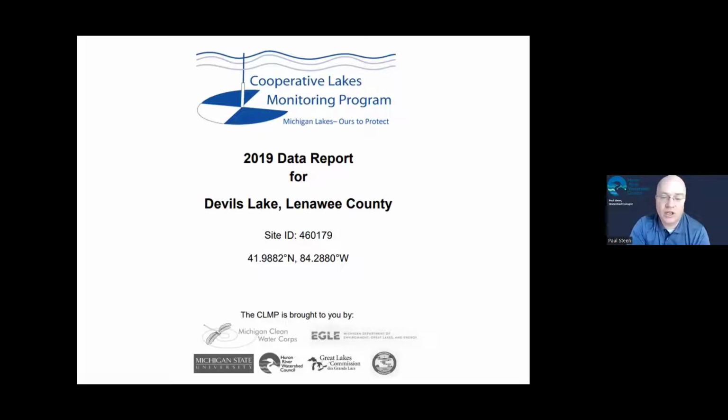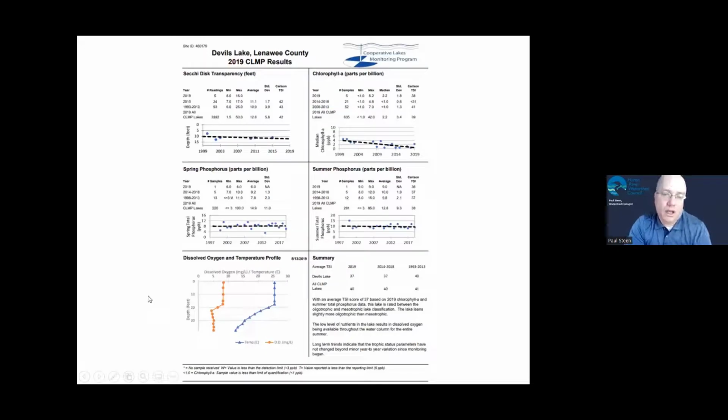So when everything's ready, often in March, we will send you a report like this. This will be the 3rd page of your report, and this is kind of your basic overall summary of what's going on in your lake. You'll see we have sections for each of those trophic parameters. We have a section for dissolved oxygen in the bottom corner. When you do dissolved oxygen, you'll be making anywhere from 5 to 15 of these dissolved oxygen measurements per year.